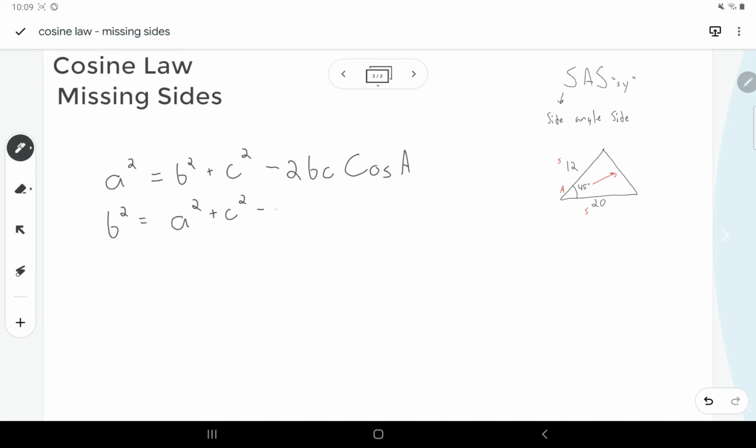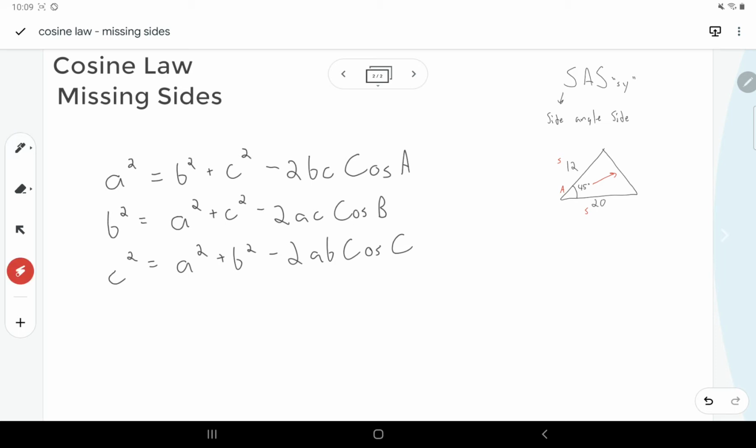Okay, then minus 2ac cos, and then big B, because it's the pair for little b. Okay, and just to finish out the set, if we had c squared, it would be a squared plus b squared minus 2ab cos c.